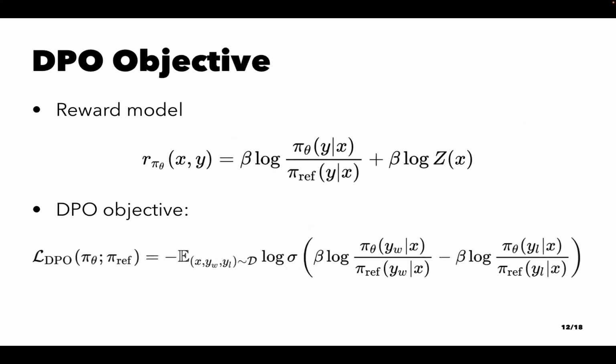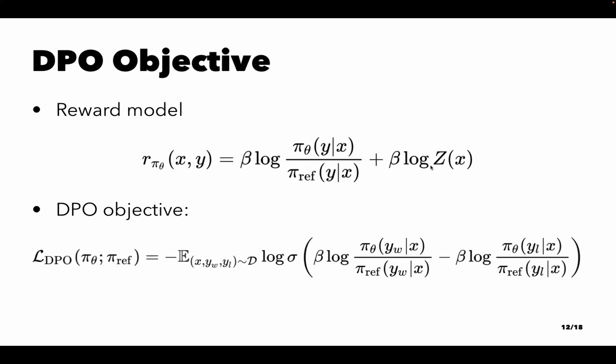Remember, this was our reward function with the Z term, and we stick it into the Bradley-Terry loss. Remember, that loss was just the reward for the winning completion minus the reward for the losing completion, so that's these two terms.